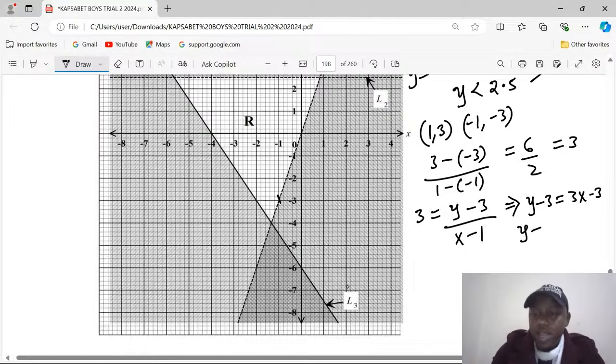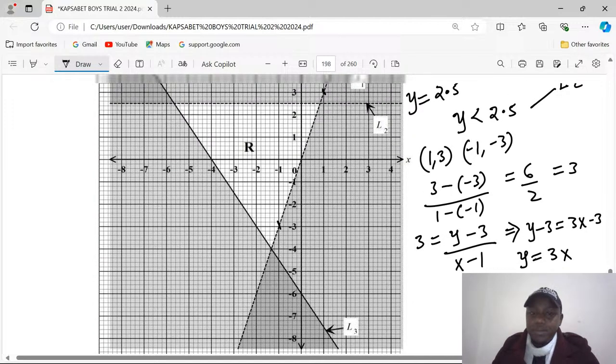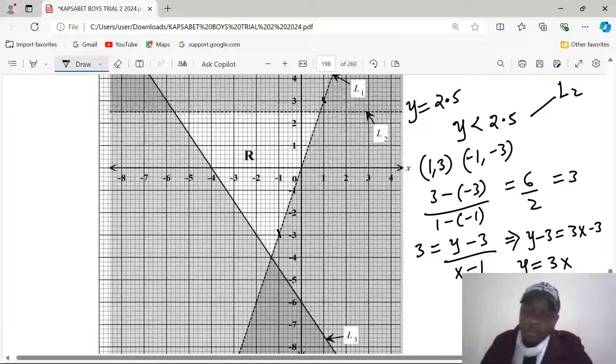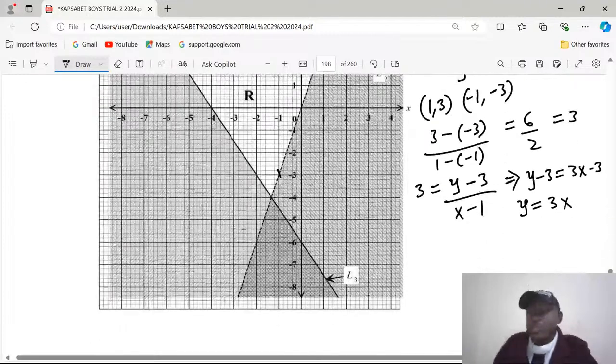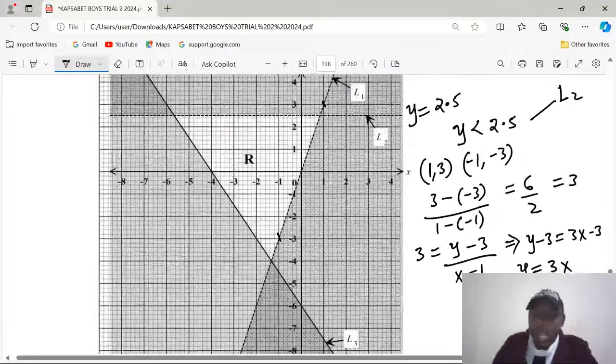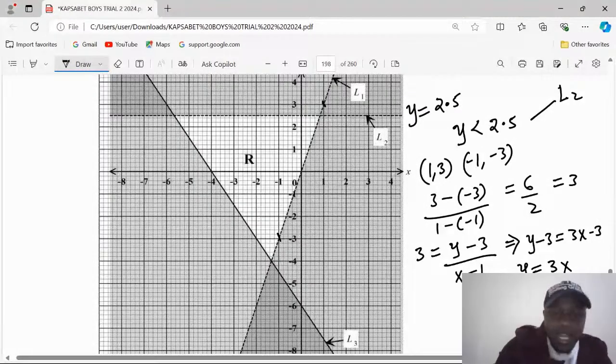So to remain with y at this point, we can have 3x minus 3 plus 3 becomes 0. So it's y equals 3x.